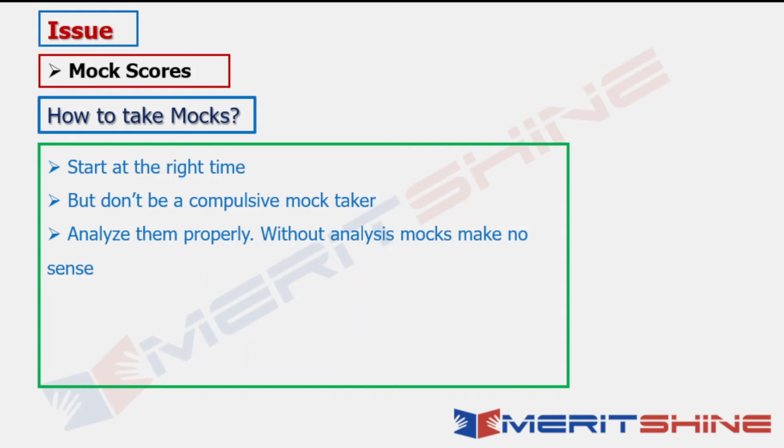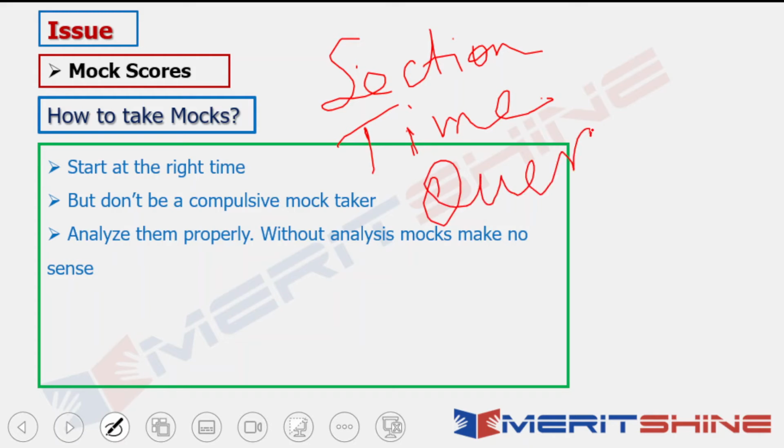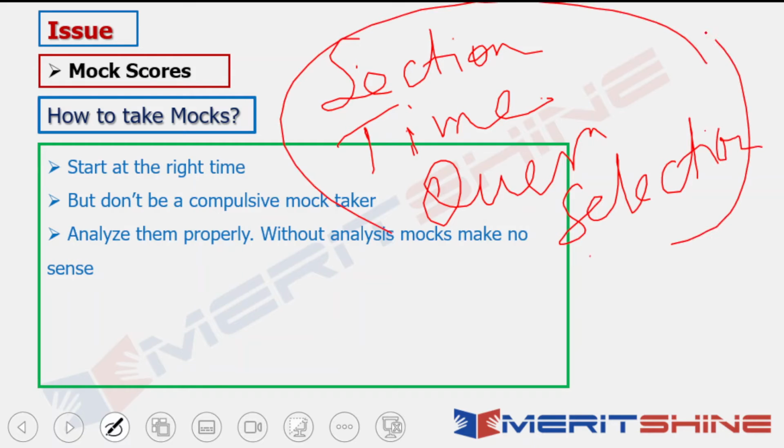Here we are talking about practice for test taking, and that is much different, because there what parameters did we talk about? We talked about section management, time management, question selection. These are the reasons why people fail to score in mocks and ultimately in the test.